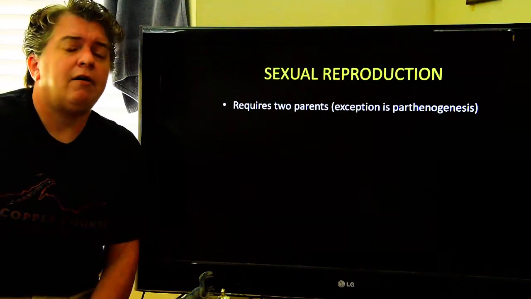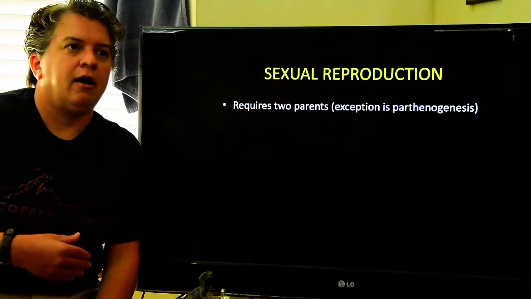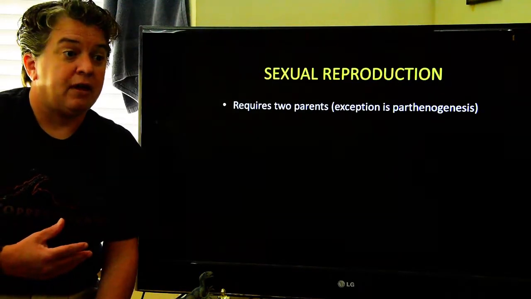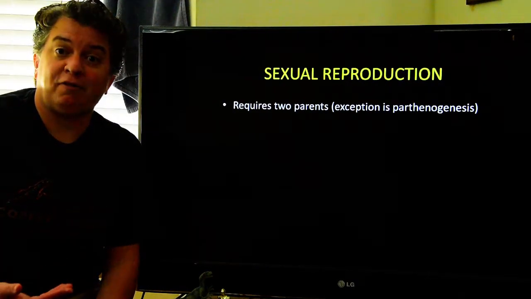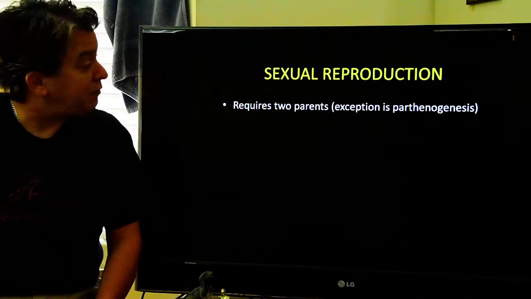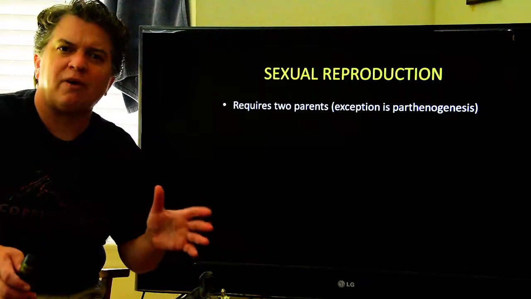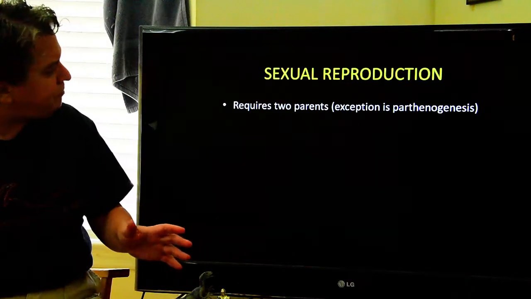And that's where you have a female parent that can basically create viable offspring without having a sexual partner. So parthenogenesis is just one of these really interesting things that can happen.